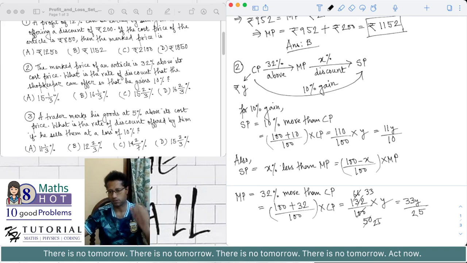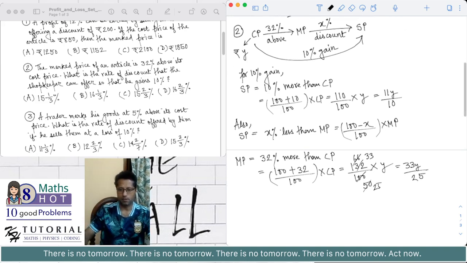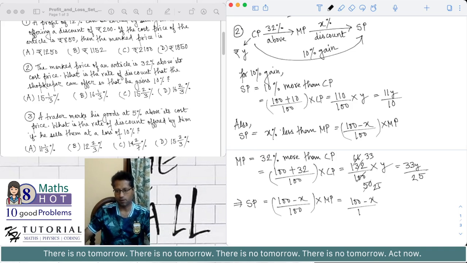This is the mark price. So now we can say that the selling price, which we were calculating based on the mark price, is equal to 100 minus X divided by 100 whole multiplied by mark price. We have computed the mark price to be 33Y by 25.